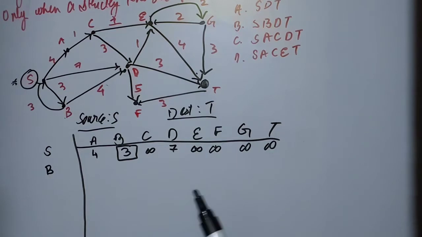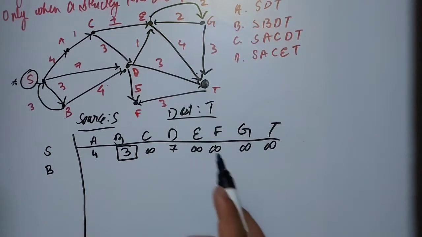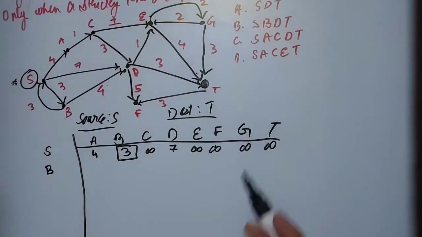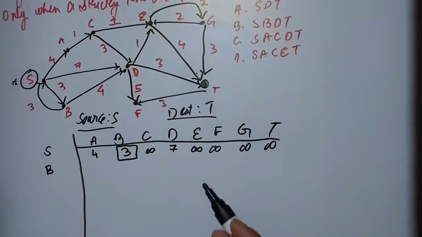So we will not update this path, because as it is given in the question, the shortest path is only updated when another path which is shorter than that path is found. But here the new path is equal to the existing shortest path, so we will not update this value.